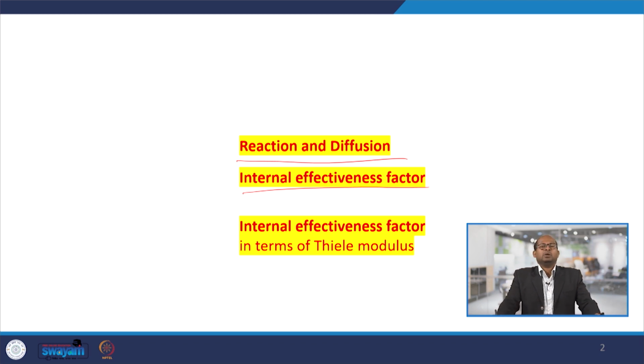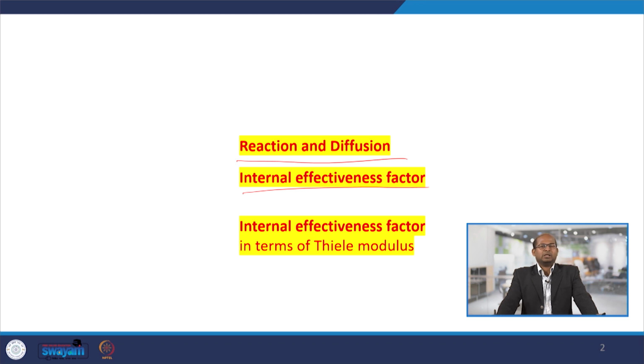Then we discussed the concentration profiles: when there is reaction and diffusion, how the concentration changes as reactant molecules diffuse from outside the catalyst surface to the inside of the catalyst pore. At different locations of the pores the concentration changes.